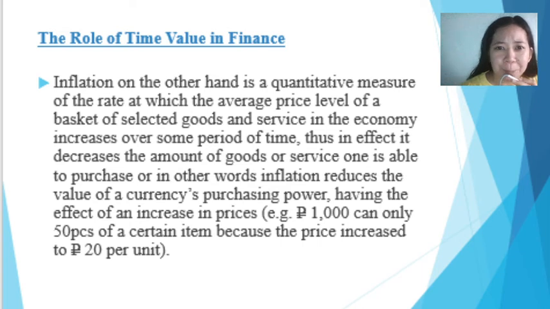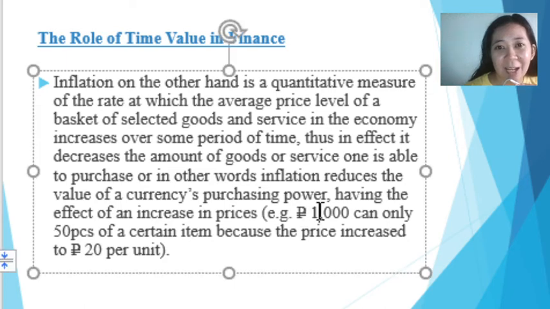After the effect of inflation, we will continue with our earlier example. If you have 1,000 pesos and you buy a certain item which costs 10 pesos, you can buy 100 pieces of that item. But because of the effect of inflation, instead of 10 pesos, the price now goes up to 20 pesos.